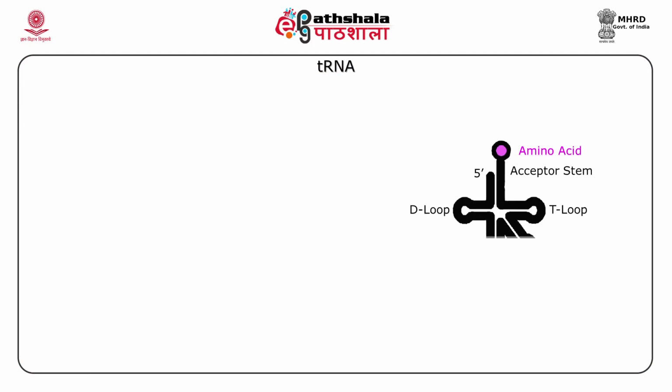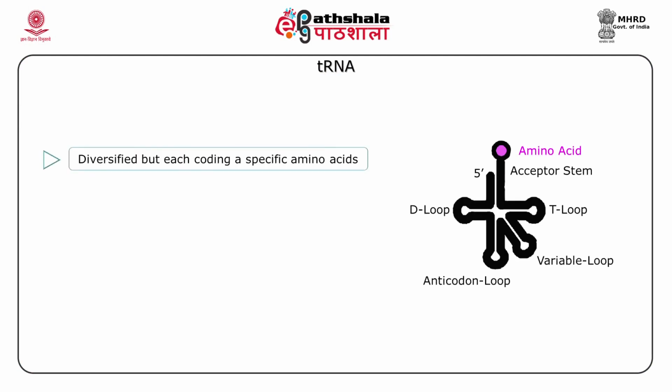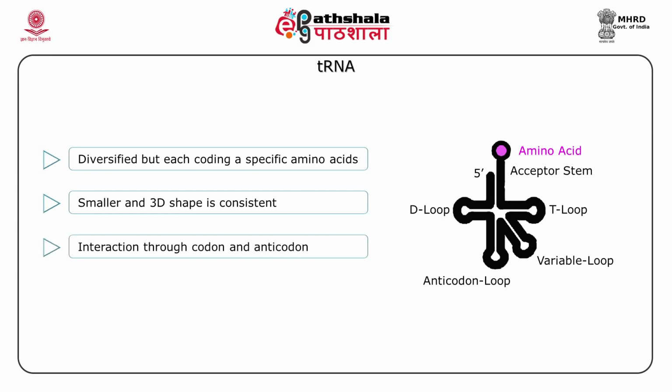Come to the transfer RNA: it comes in multiple varieties, each specific to an amino acid, relatively smaller with a consistent 3D shape. Specificity for each amino acid is accomplished by the triplet base pairing relationship between the codon on mRNA and the anticodon of tRNA.